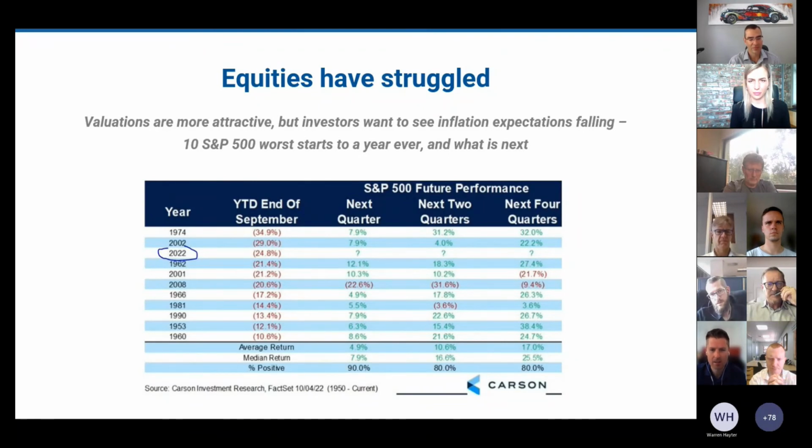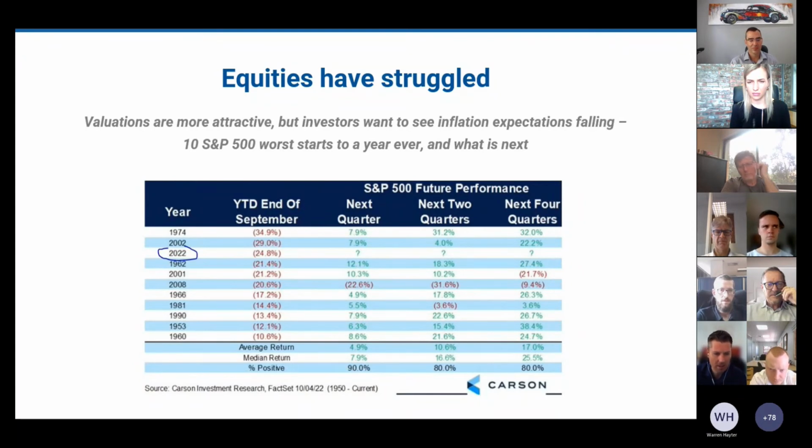And if you take the 10 worst starts to the year, and then you look at how they've done over the next quarter, so this would be the fourth quarter for 2022, going into 2023, and sort of going forward 1 year, there is generally a high probability that we will generate positive returns going forward.